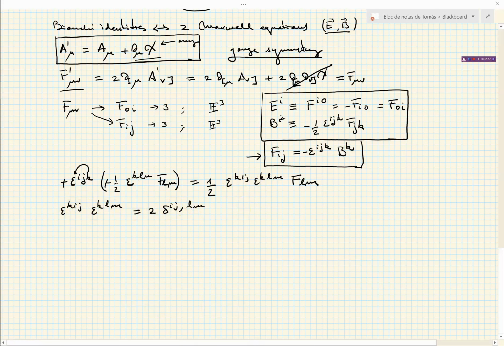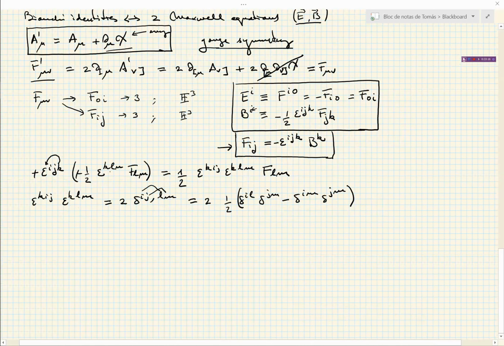What is this? More notation. So this is 2 times 1/2 of delta il delta jm, so first with first, second with second, minus delta im delta jl, so first with last.